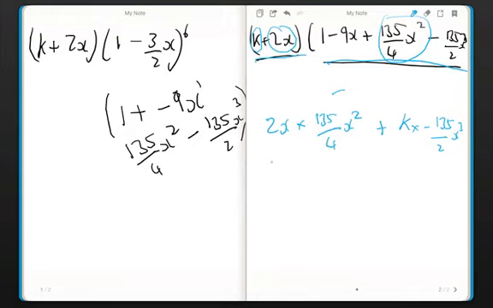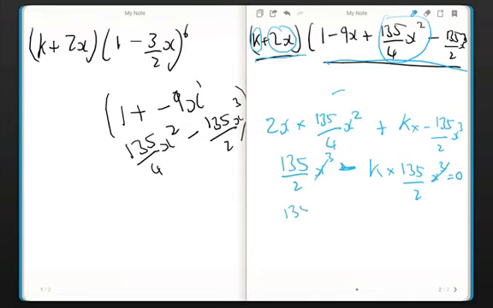So let's multiply this out. 2 into 135 is 270 by 4, which is 135 by 2. 135 by 2 x cubed minus k into 135 by 2 x cubed is equal to 0, because this whole thing has to equal 0. Since we're trying to find the term k, we can cancel out the x cubes, as if we take them common, they'll automatically get cancelled.